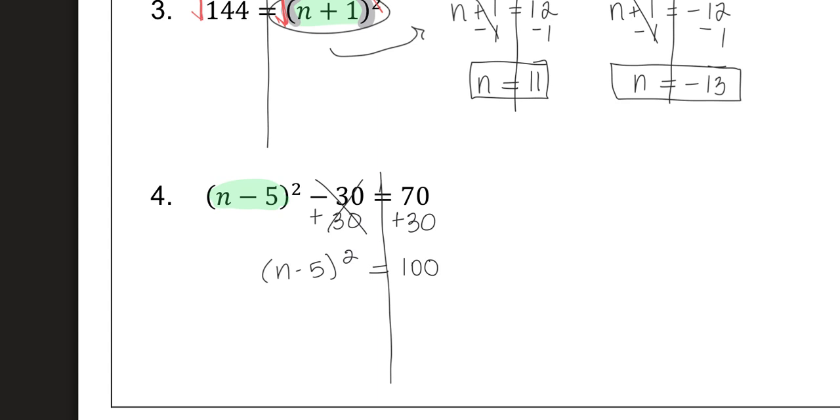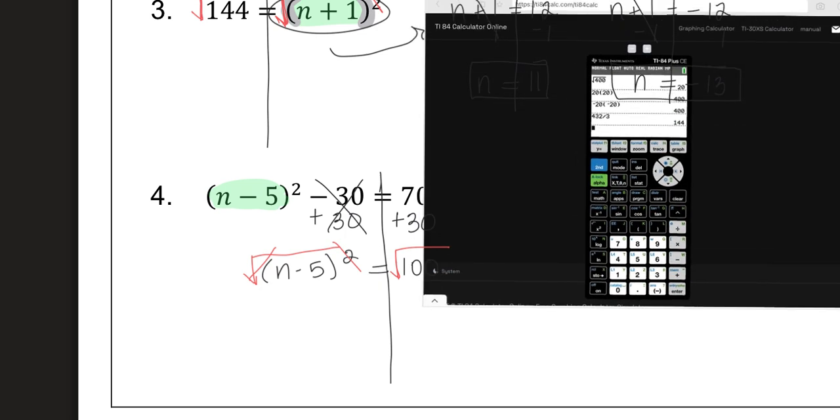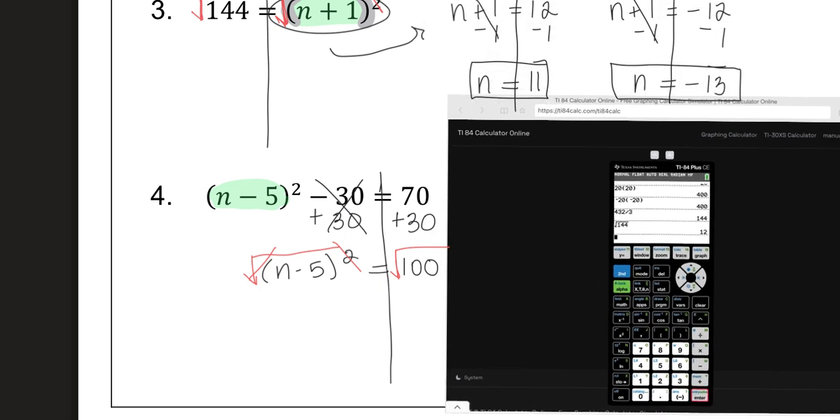Now that I have what's being squared by itself, we can square root to cancel that power of 2, and then we can square root the 100 as well. Bring my calculator back down here, and we can go ahead and enter square root 100 equals 10.